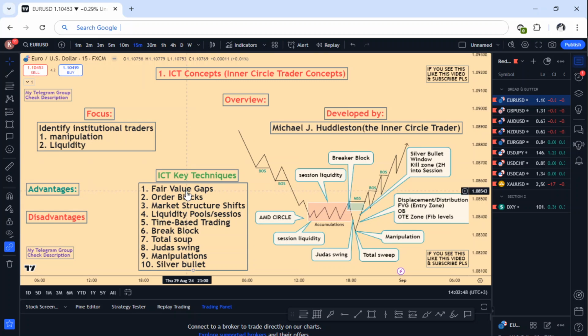Order blocks simply mean areas where institutional orders have been placed, indicating potential zones of support or resistance, or where orders are stuck, in simple terms.